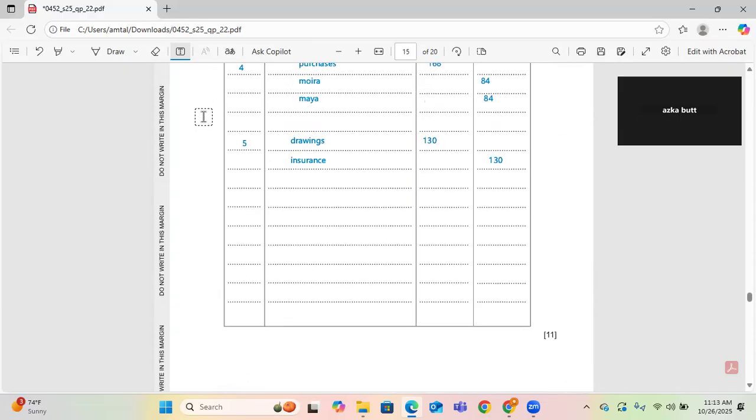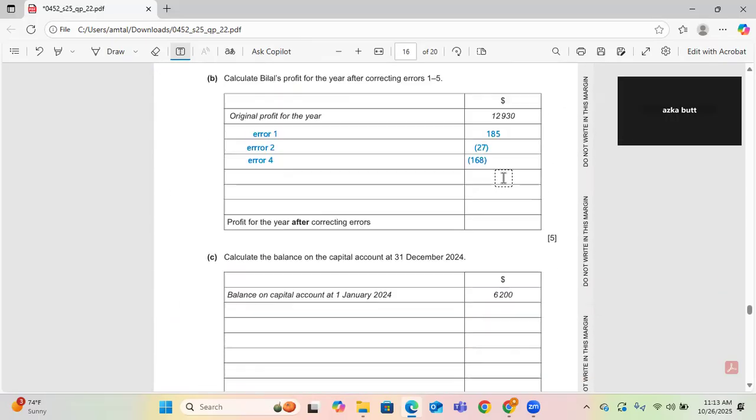Now let's see the next error. Okay, so as you can see the fifth error here, we are debiting the drawings and we are crediting the insurance. So it means that insurance expense is decreasing. So if the expenses are decreasing, it means that the profit for the year will increase. That's why we will be adding it back $130 into the profit.